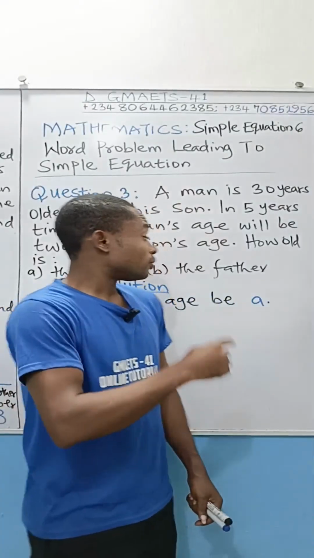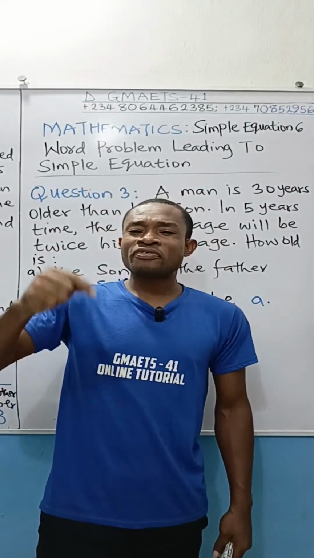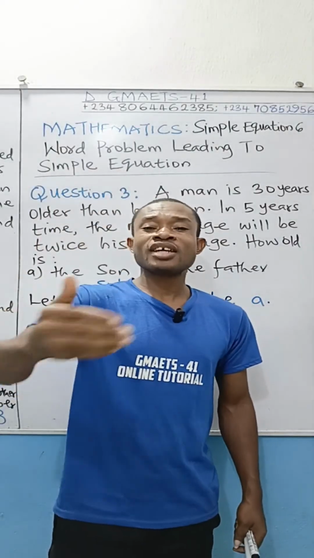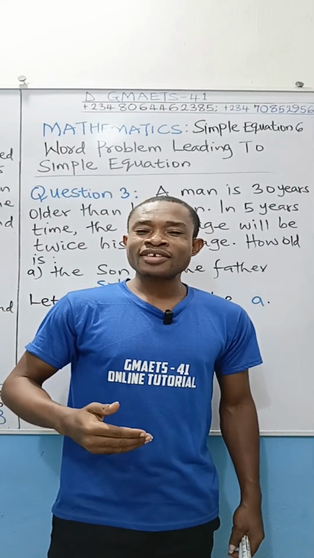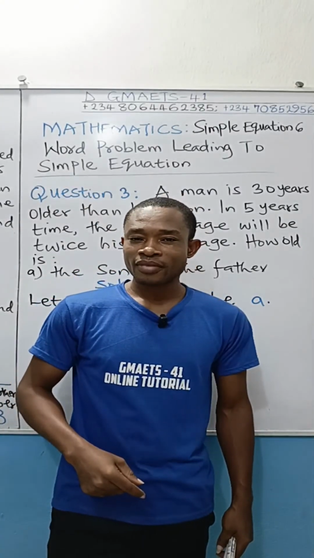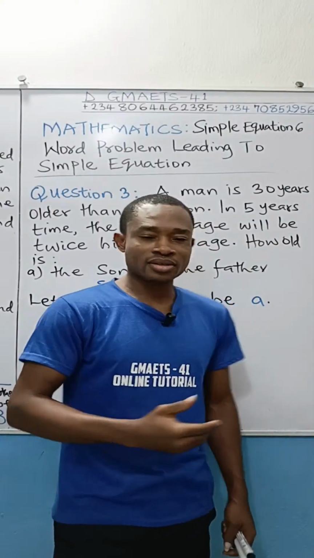Okay, let's continue. So we're told that the father is 30 years older. If the father is 30 years older, it means that the father's age will be 30 plus the son's. The son is A years here.